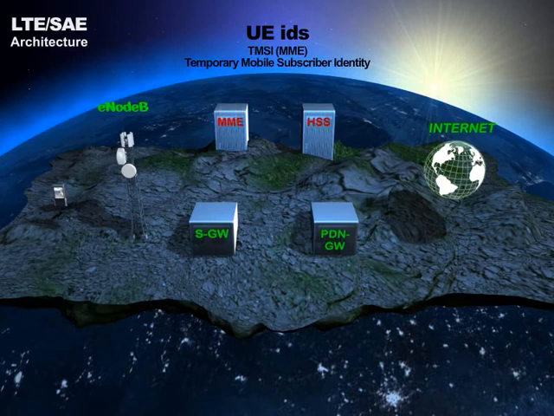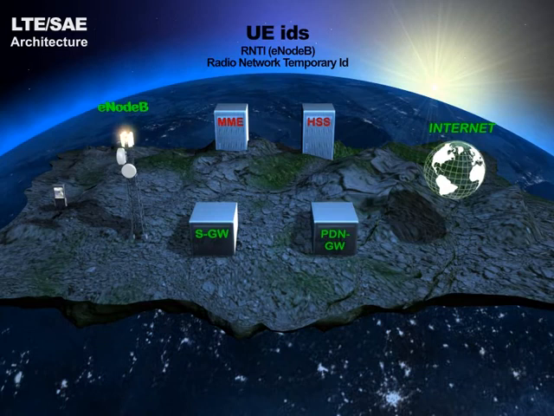The UE needs to be identified on the radio. That ID is called the Radio Network Temporary ID. Since the access consists of only one node, it has to be the eNode B that is handing it out.